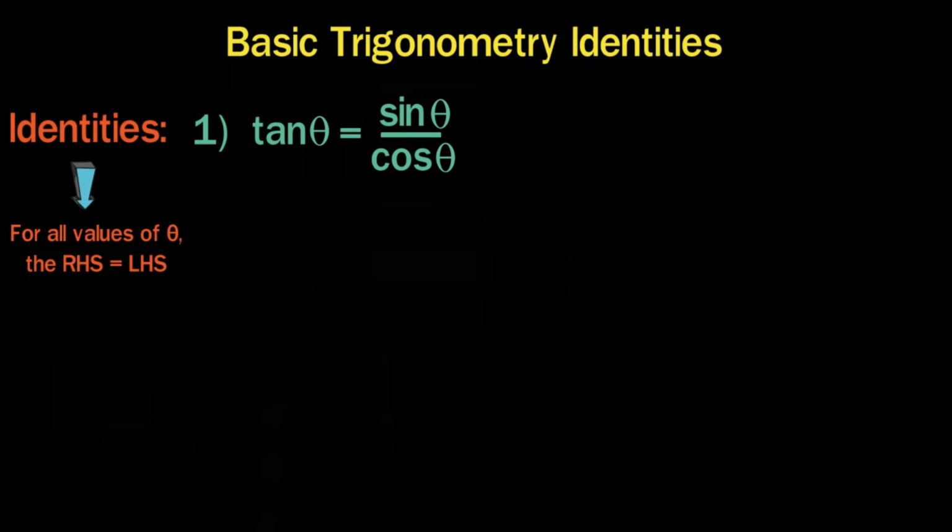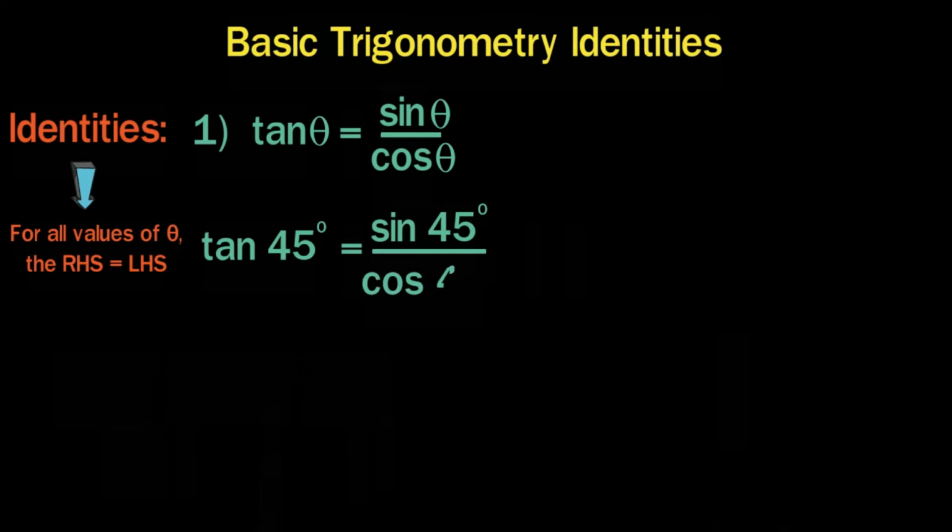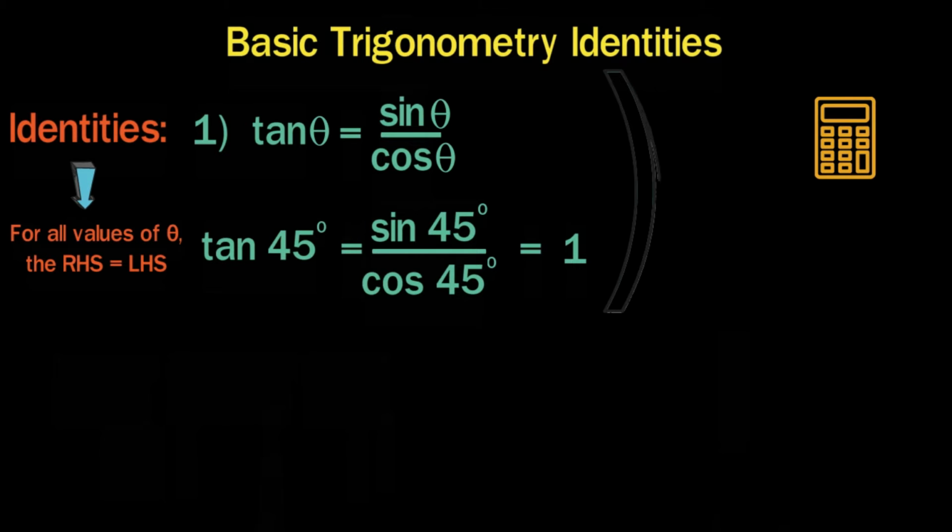For instance, tangent 45 degrees equals sine 45 degrees over cos 45 degrees. You can try it on your calculator, and you will realize that the value is 1. This is called an identity. That means that for all values you put in for theta, you will get back the same outcome for both left and right.